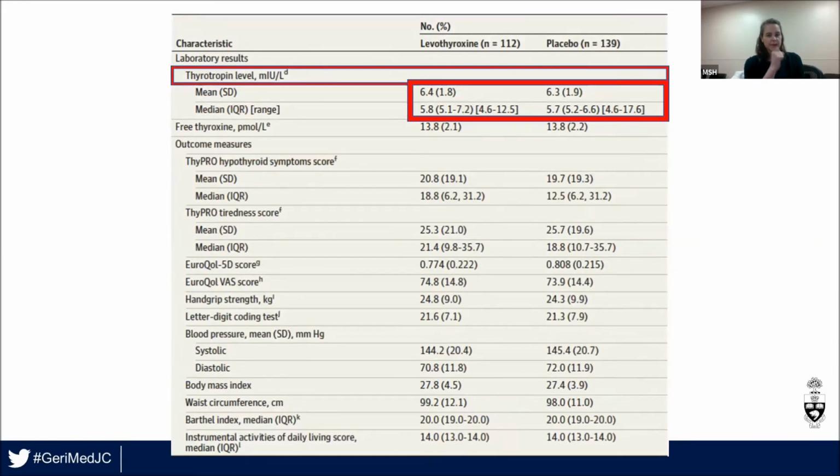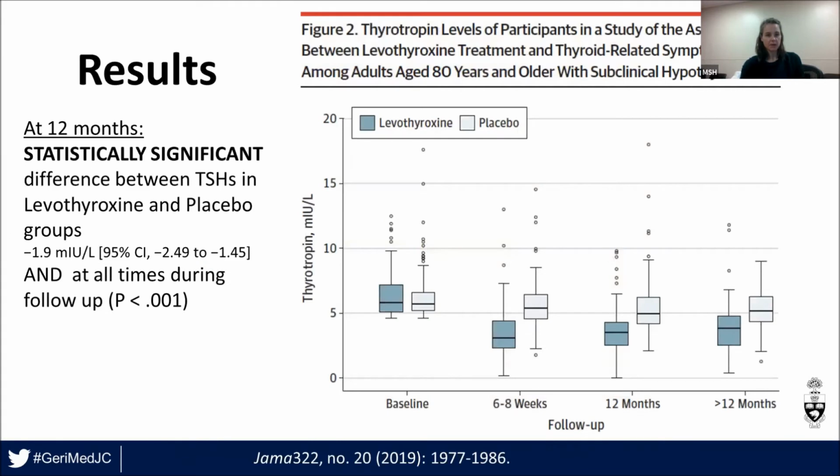And their baseline TSH was 6.4 and 6.3 in the placebo group. So not that high in terms of subclinical hypothyroidism range. So the results. At 12 months, there was a statistically significant difference between TSHs in the levothyroxine group and placebo group.